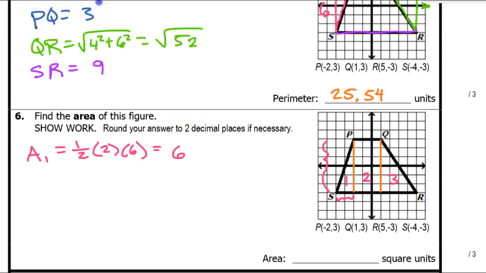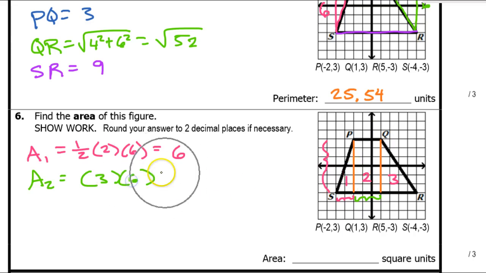Now let's go for area 2. Area 2 is a rectangle, so that's just going to be base times height. The base is right here. That's 3. The height is this orange line again, so that's going to be 6. And 3 times 6 is 18. So that's area 2. Now let's do area 3.